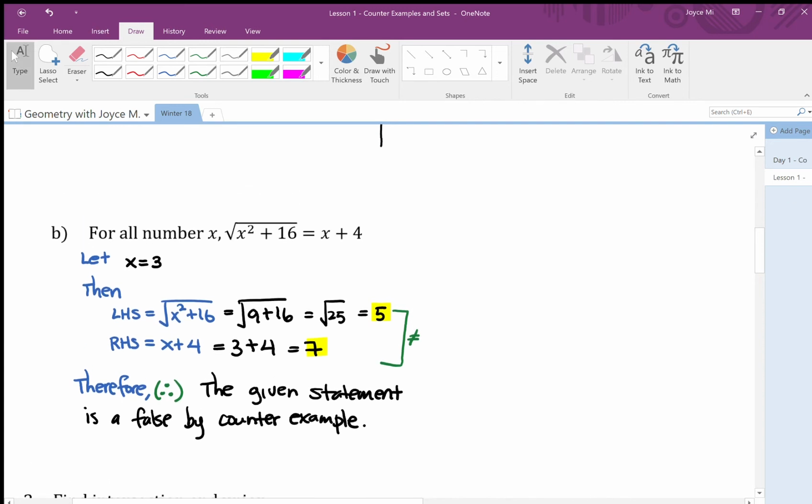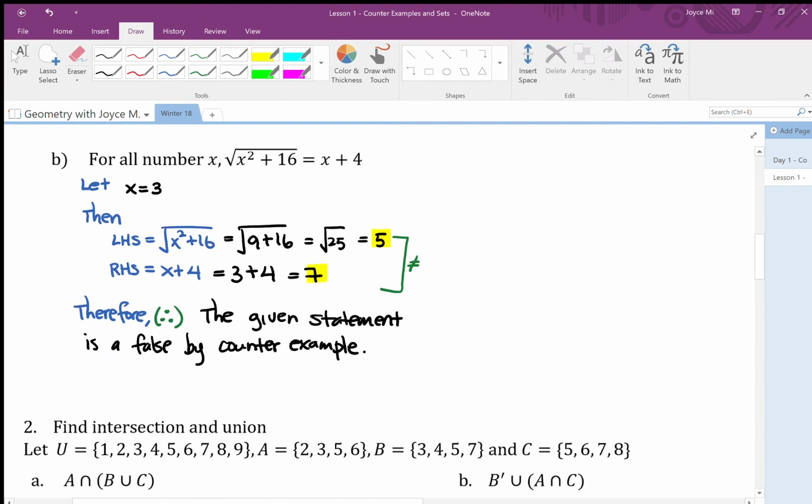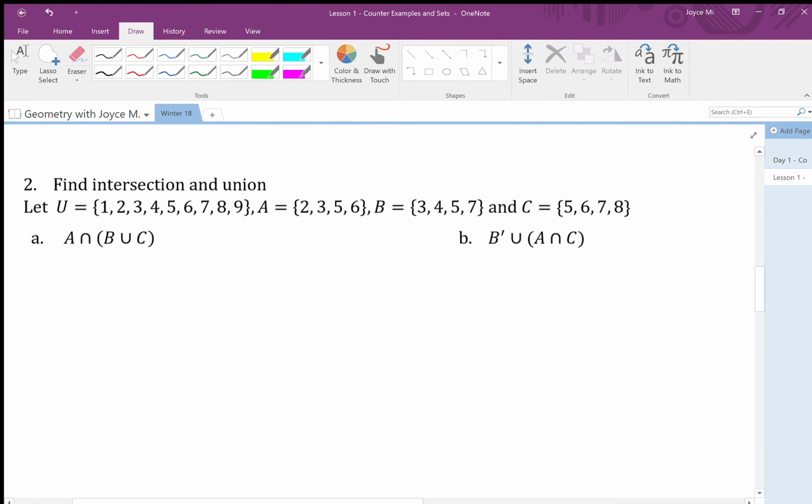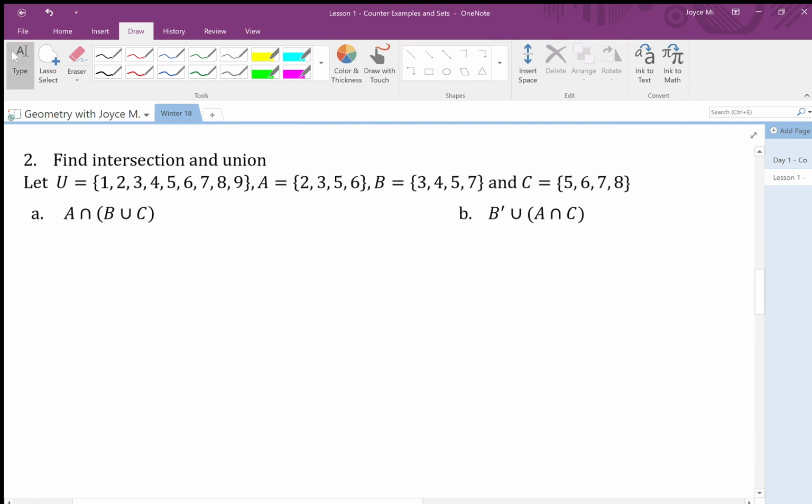Okay, we just finished the counterexample lessons. Now let's look at sets. Before we actually find the union and intersection, let's recall.